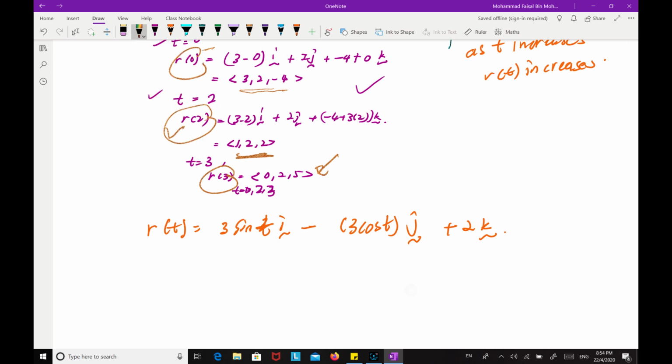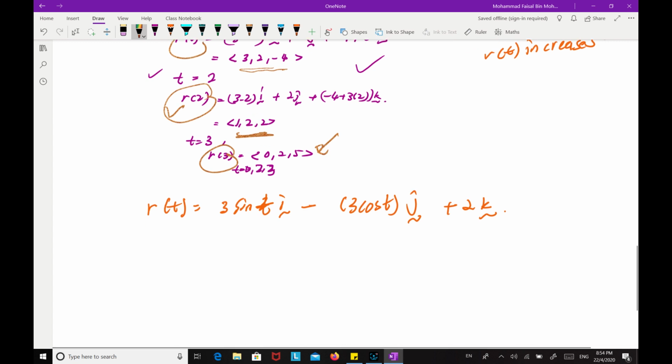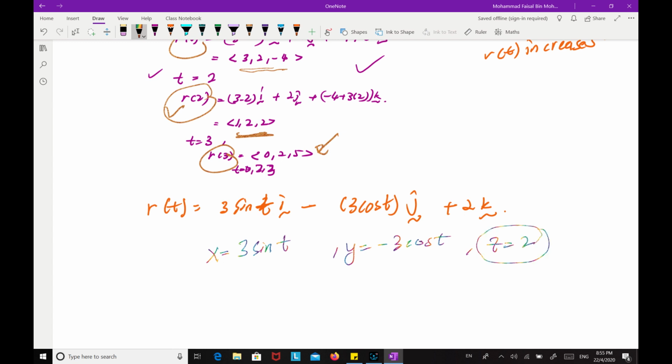Okay, as usual, the same concept. Separate them into x, y and z. So x equals 3 sin t, y equals negative 3 cos t, z equals 2. Okay, for your syllabus, we always have one constant.